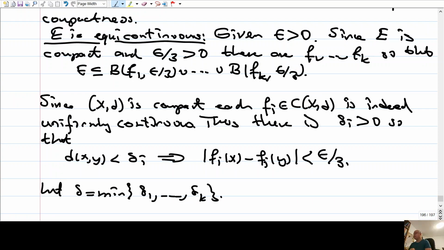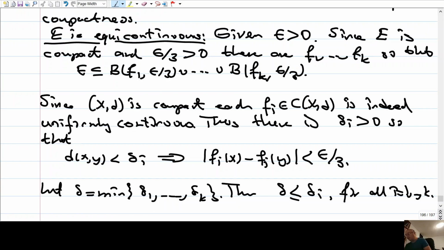Now we claim that this delta will work for all of them. Well, it works for all of them, of course. Then delta is less than or equal to delta i for all i from 1 to k.